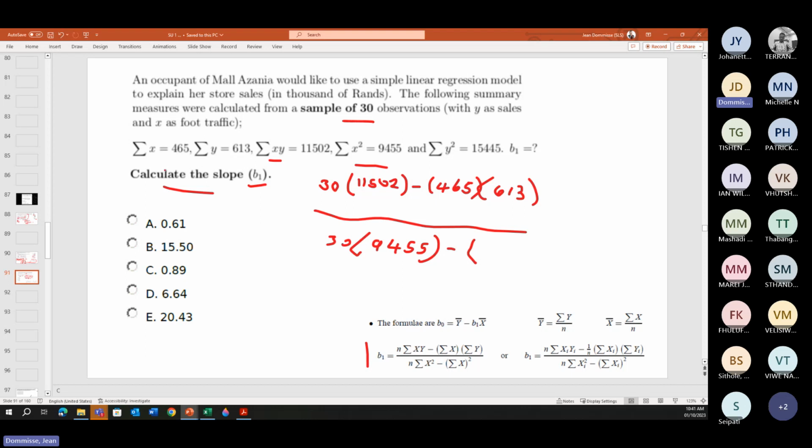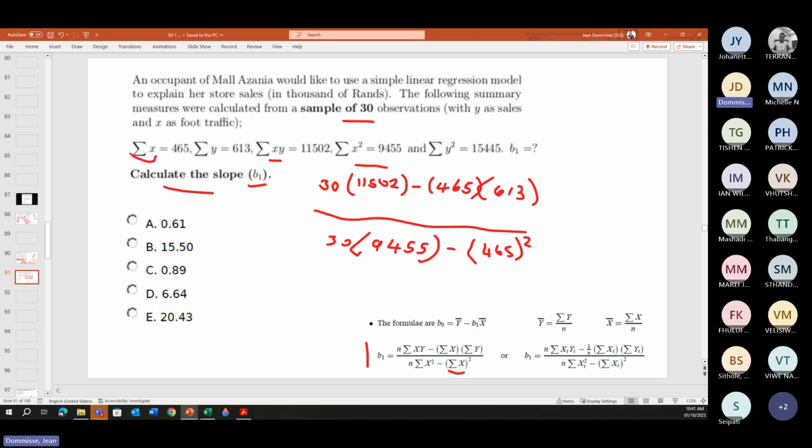So let's see, sum of x with 465 squared. So two things here that you just must be careful about. Here's x squared, so it's the x squared. Here it is first the sum of x and then to the power of 2.